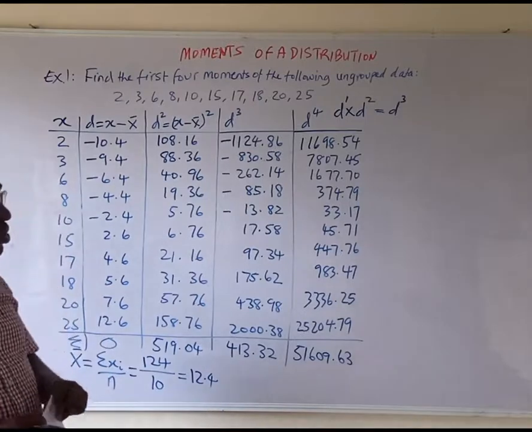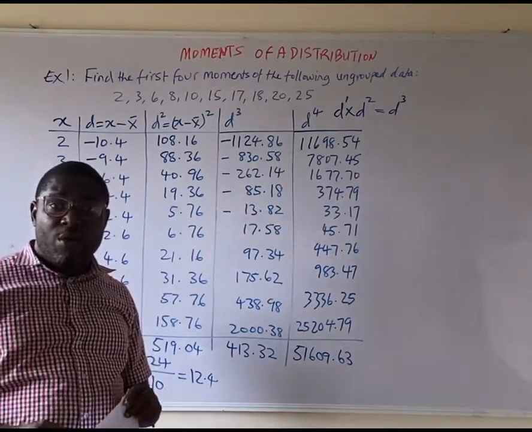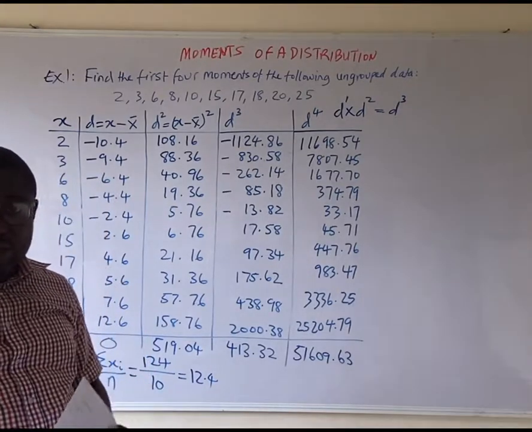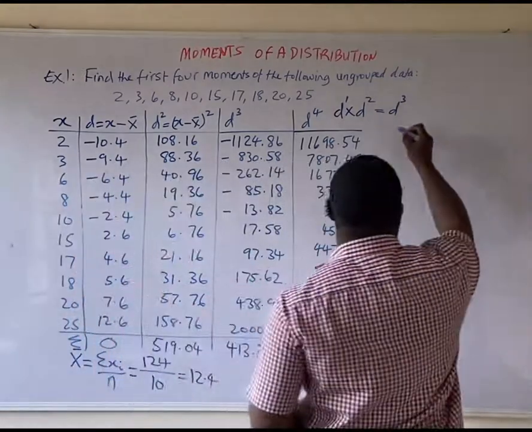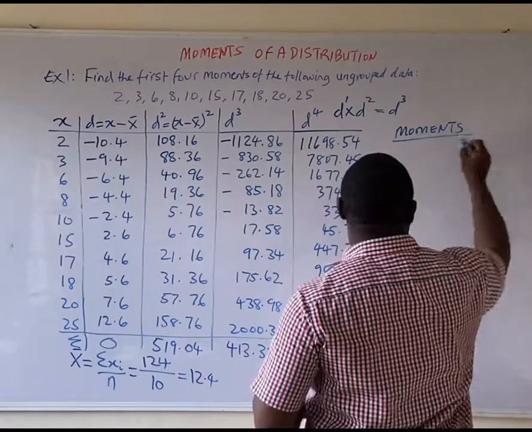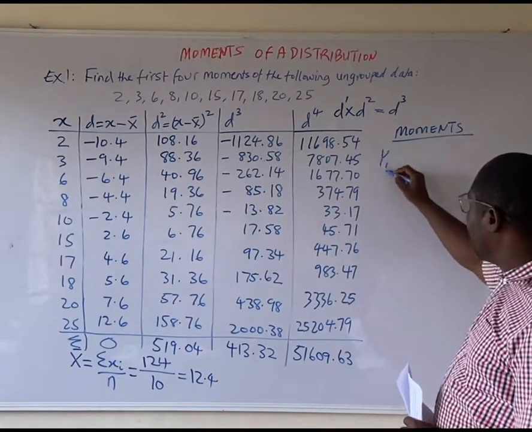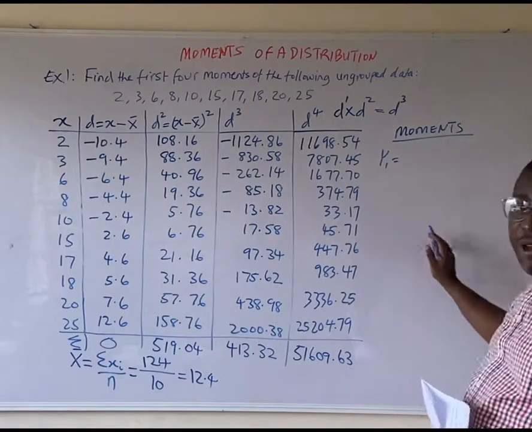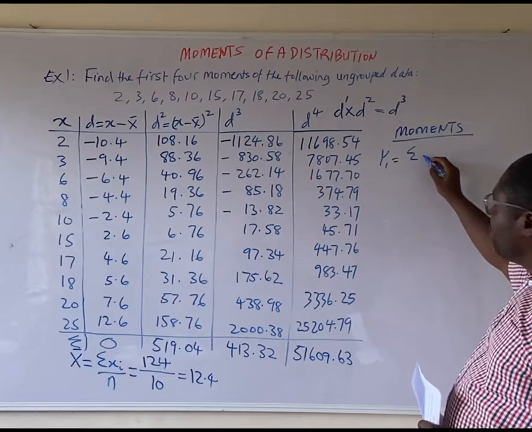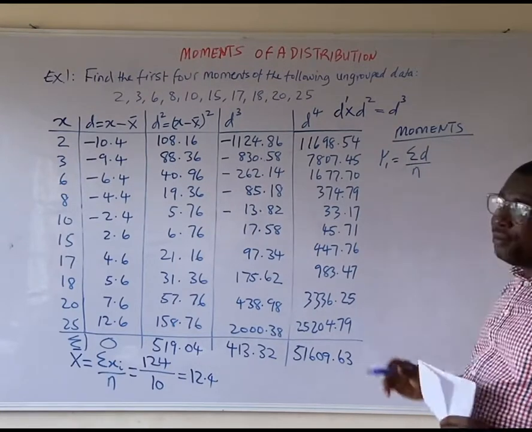The next thing we'll do at the other side of the board is to calculate the moments of this distribution. So up here, I'm going to write moments. And so the first moment is given by mu1, and the formula is summation d all over n.